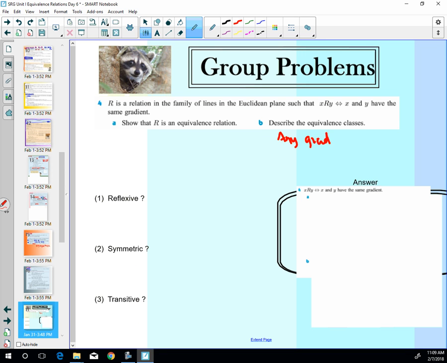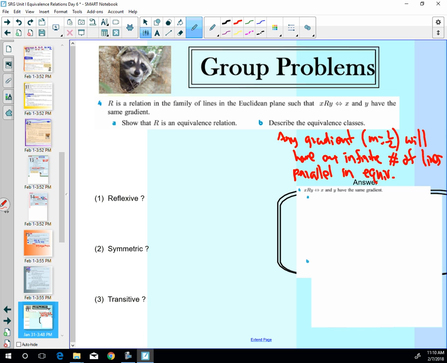Any gradient, for example, m equal to 1/2, will have an infinite number of lines parallel in equivalence classes. You can write that however you want. Any single gradient will have an infinite number of lines that could move anywhere on that Cartesian graph.